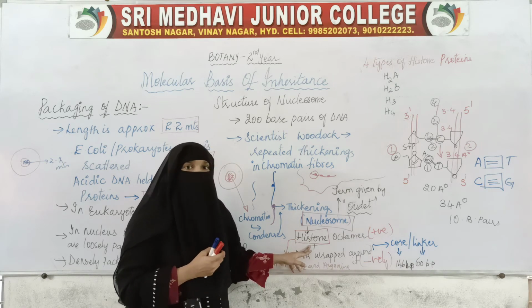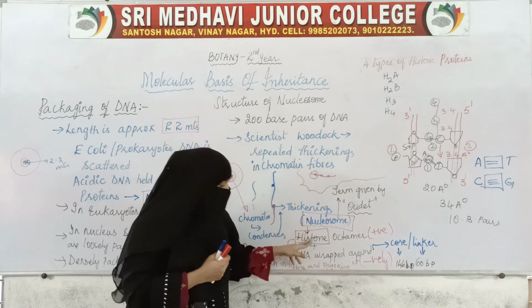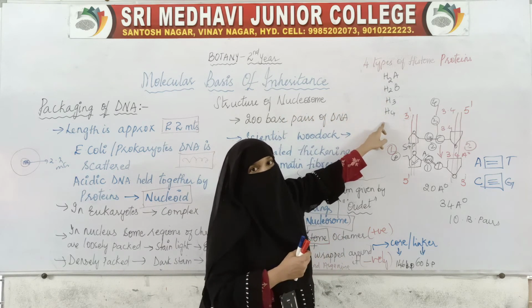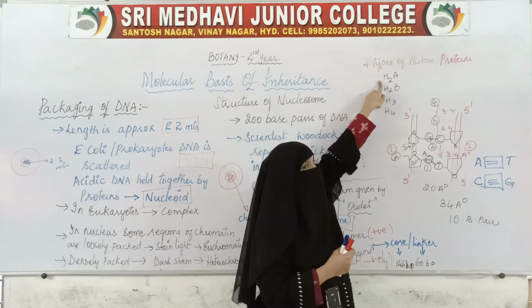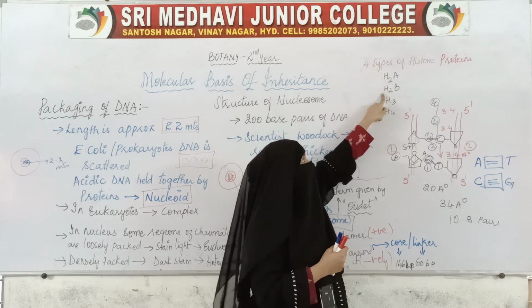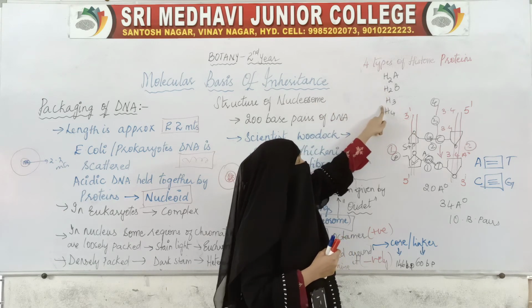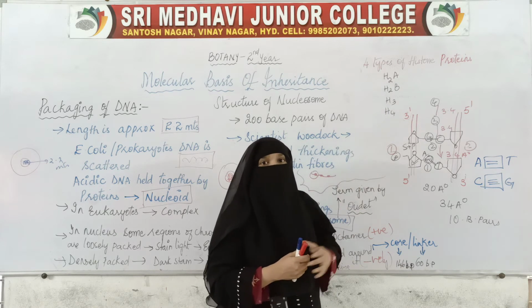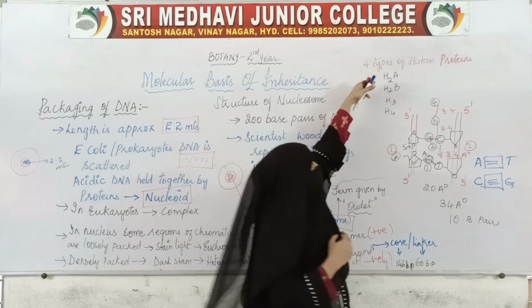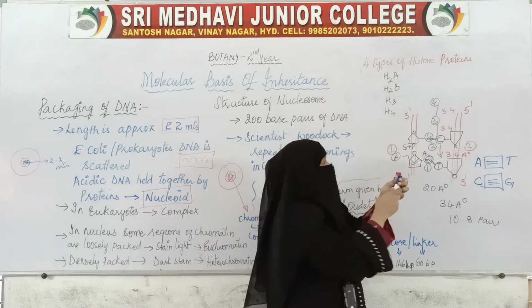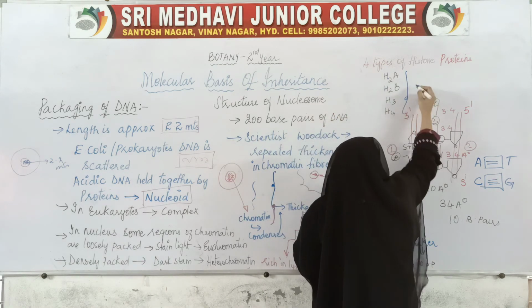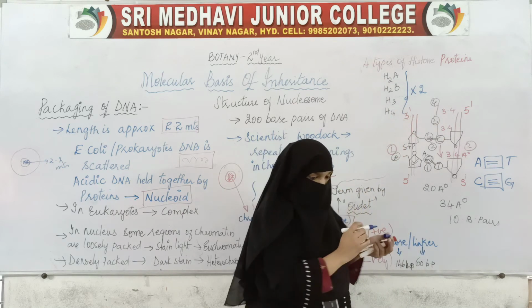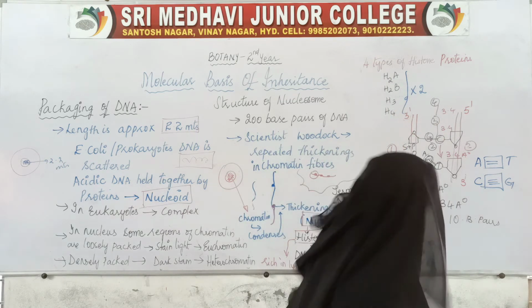The first type of histone protein is H2A, the second is H2B, the third is H3, and the fourth is H4. All of them are 2 in number, that is 2 H2A.